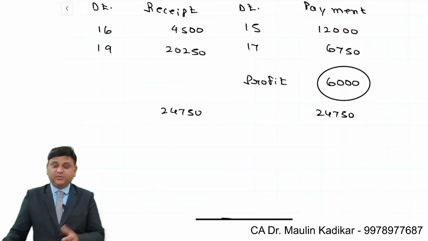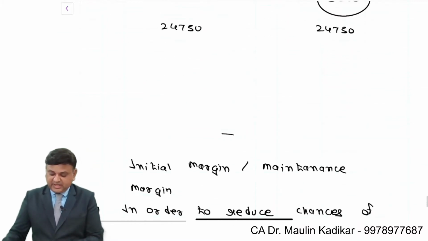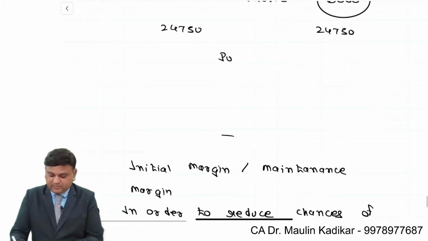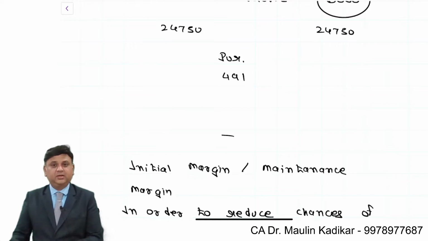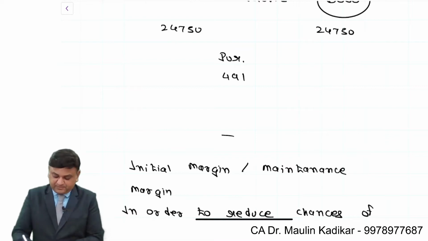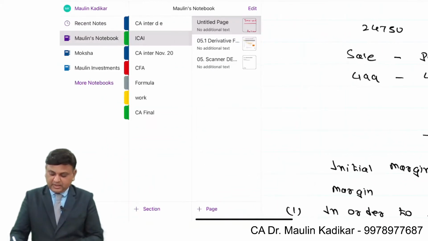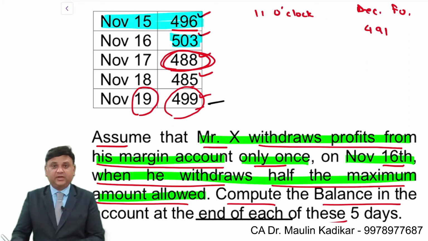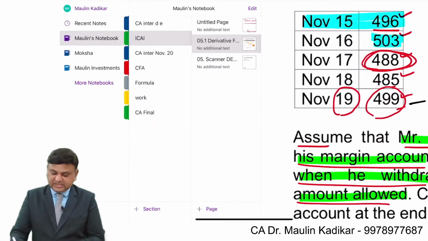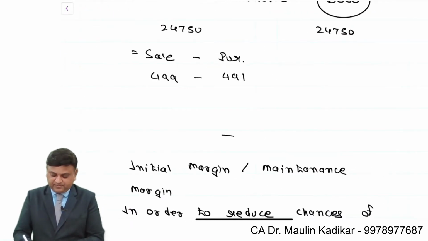Now let us verify this profit. Initially the transaction was entered upon to purchase the security at 491. Now in between you square off the contract, in which we sell the security at 499. So what is the amount of the profit or loss that you have?